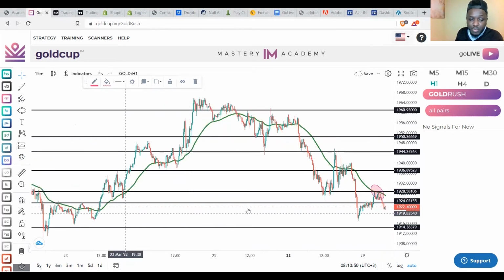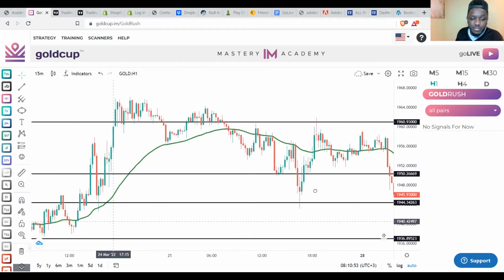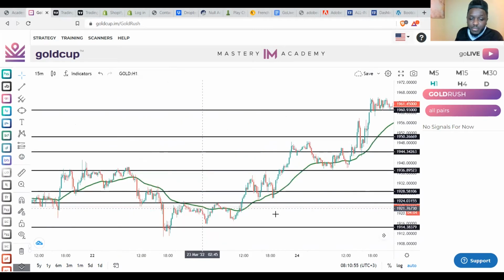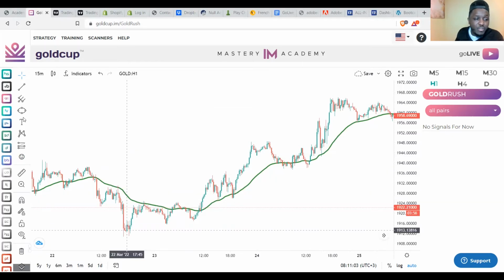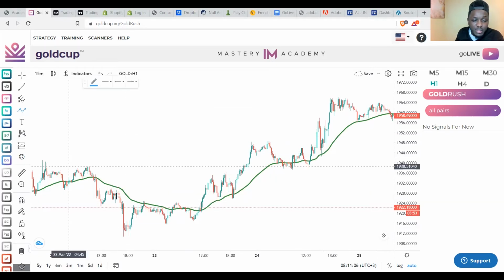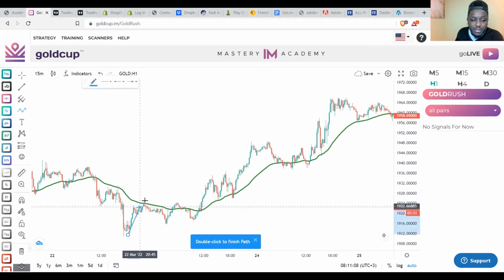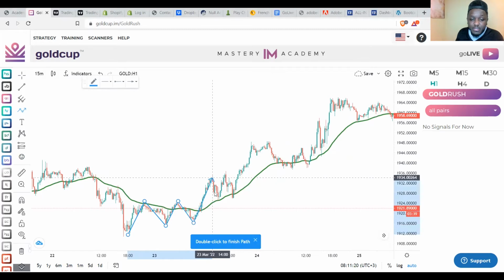So for example, here, you can already see, let me take out these lines. You can already see, first of all, that we have this area here. Market is definitely contesting at the support resistance level right here, but the market breaks.